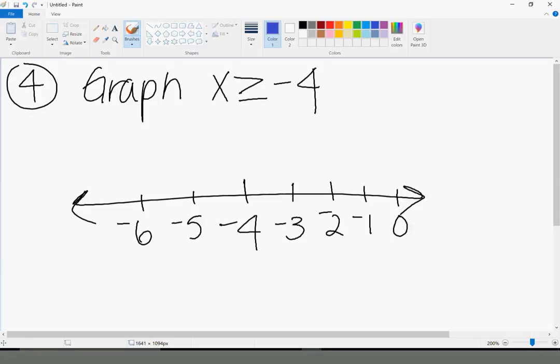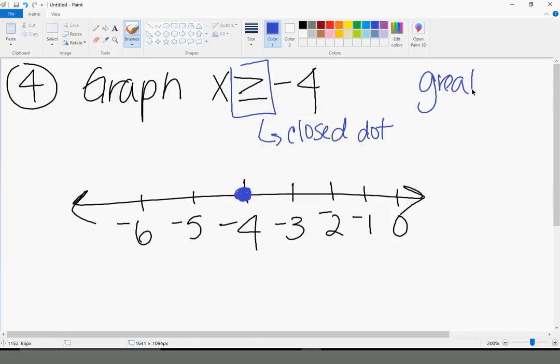So because we have this is greater than or equal to, this tells us that we're going to use a closed dot over the number -4, because we are including -4 in our solution. So we're going to put a closed dot over -4. Now this says that x is greater than or equal to -4.